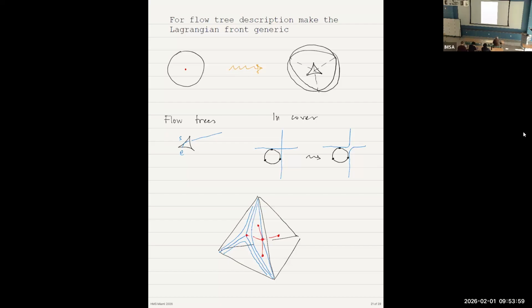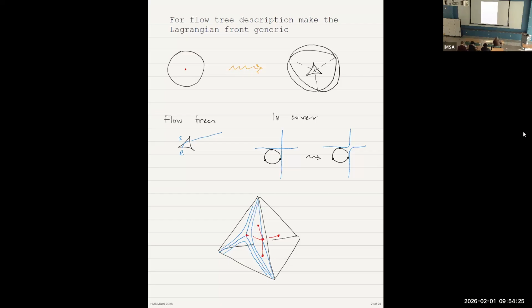This is z squared basically, and this is z squared plus epsilon c bar. So that's the generic front of this double point. And when you look at flow trees, there are some special rigid flow trees that go off there. Let me not explain so much. They have an end and a switch, for those who have read about flow trees.